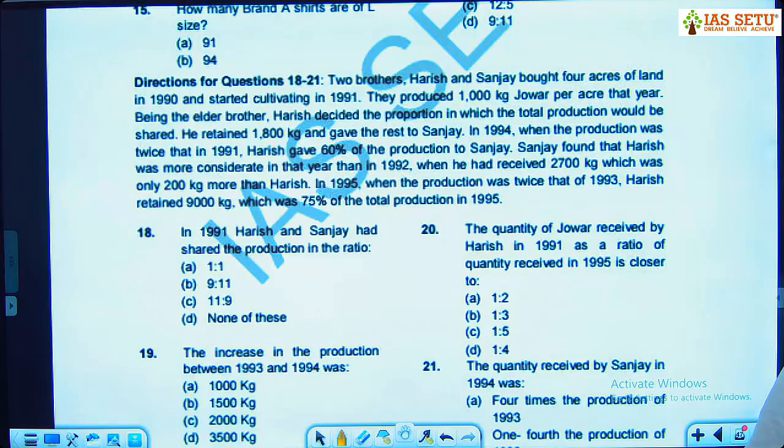Sanjay found that Harish was more considerate in that year. In 1992, he had received 2700 kg, which was only 200 kg more than Harish. In 1995, when the production was twice that of 1993, Harish retained 9000 kg, which was 75% of the total production in 1995. 4 questions, 6 minutes, take your time.